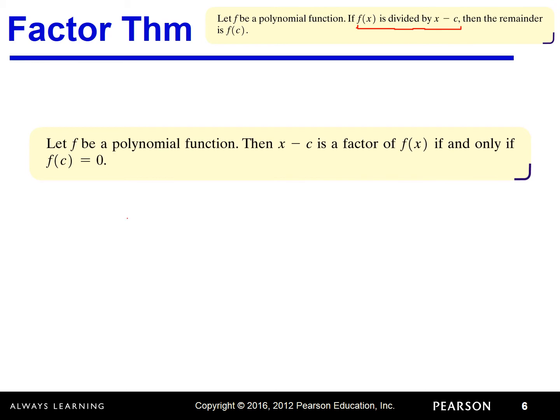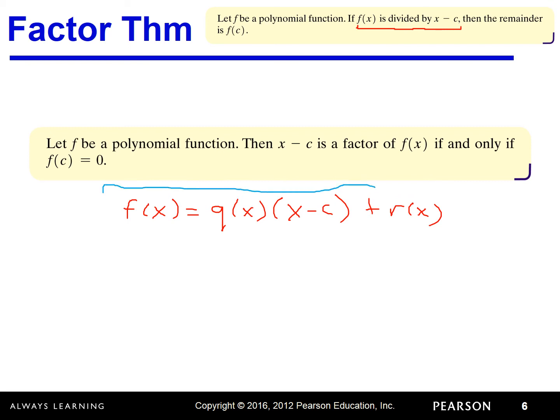Then we wrote this equation, f of x equals q of x, where g of x was x minus c, plus r of x. Okay, and we put a nice, actually it wasn't very well drawn.